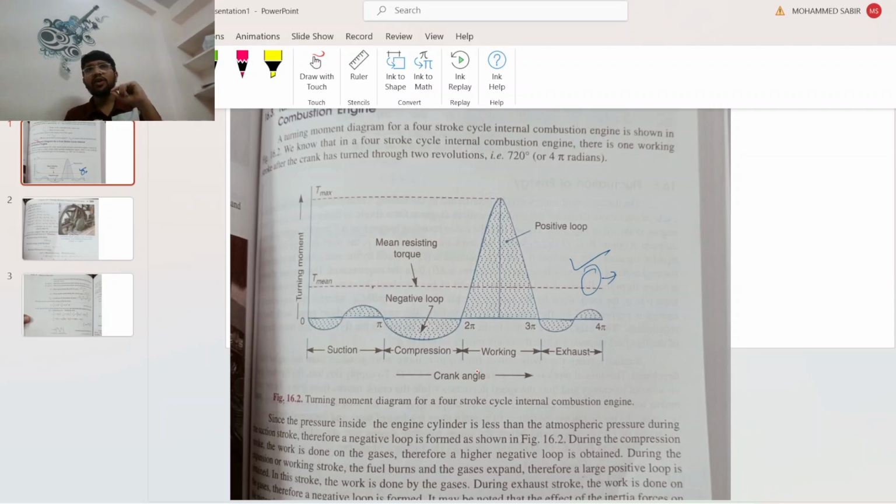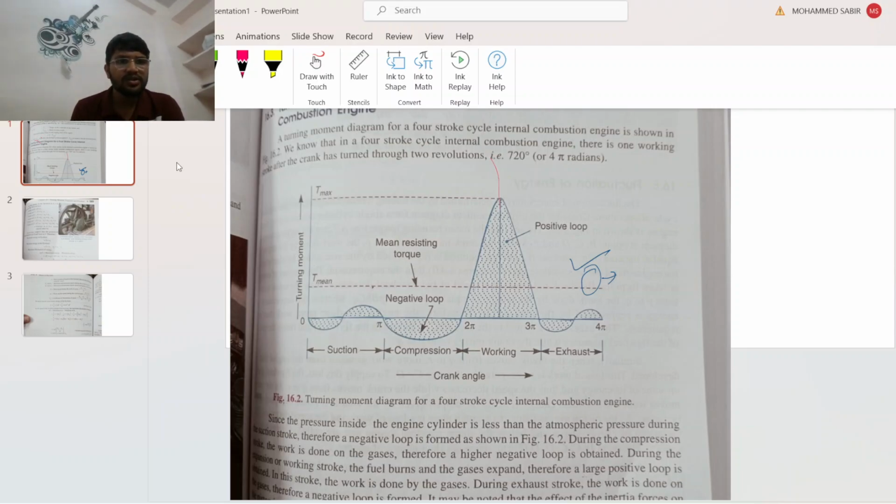So we try to find out, when a cycle is over, what maximum fluctuation energy remains, how much energy is left over. That is this delta E present here.